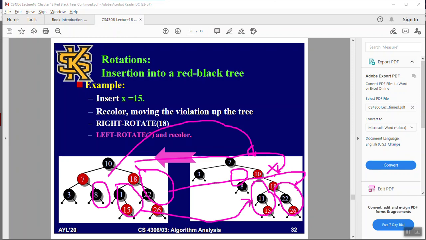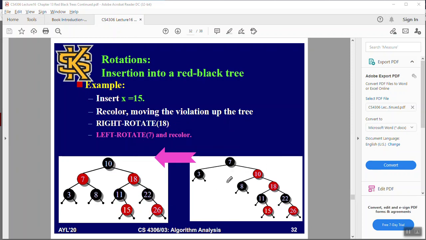So here what is moving over here? 10 is moving here, so 10 initially was this, okay. So 7 is moving over here, and then 10 is going over here, and 10 on one side has 7, okay, and then 7 on one side has 3, okay.